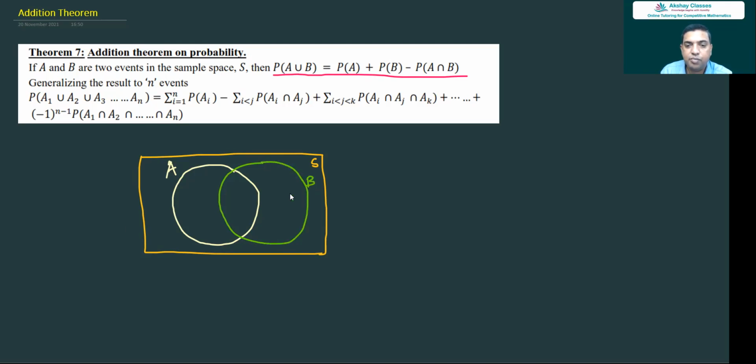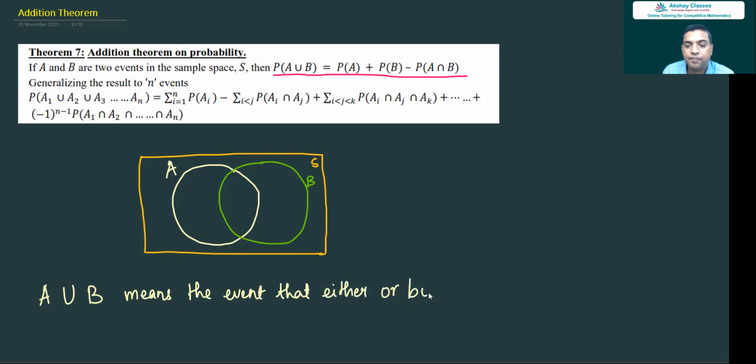So this is the event B. Now the question is A union B. A union B means the event that either A or B, or both A and B occur.